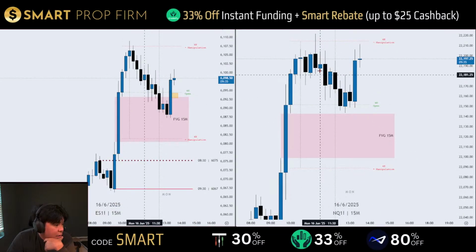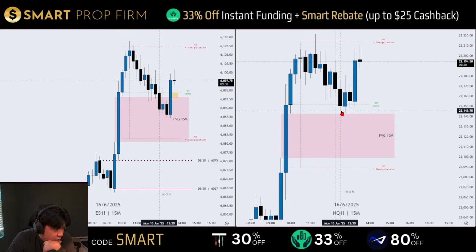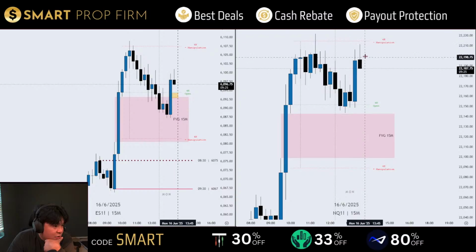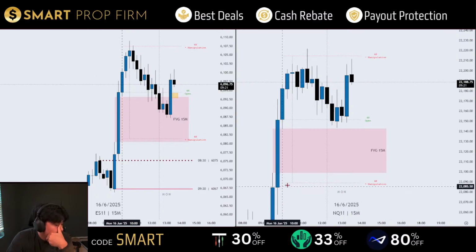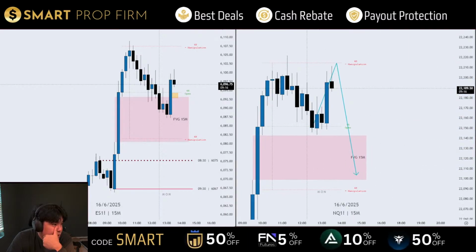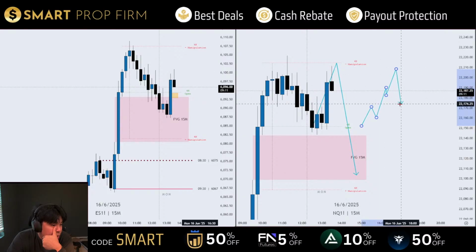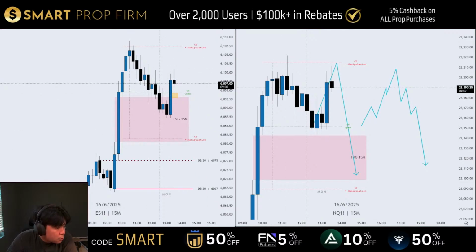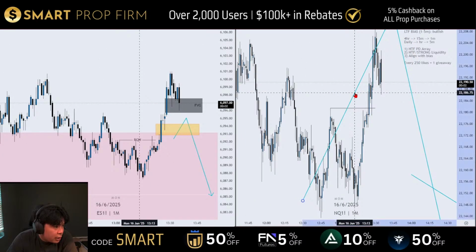It's just interesting how NQ, I mean, we do have SMT of course, but it just held this and then kept on teasing it, and now we jumped up. It makes me think we're gonna flip back down, and we're just waiting for that flip here. So it's gonna look something like this on the 15-minute, but on the lower time frame, what we could see is probably something like this, and then we'll turn down. Should probably hide this.